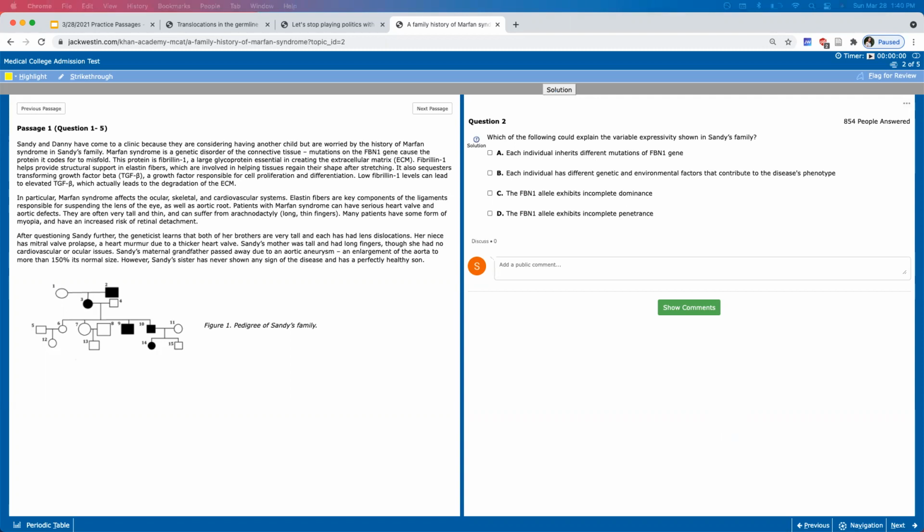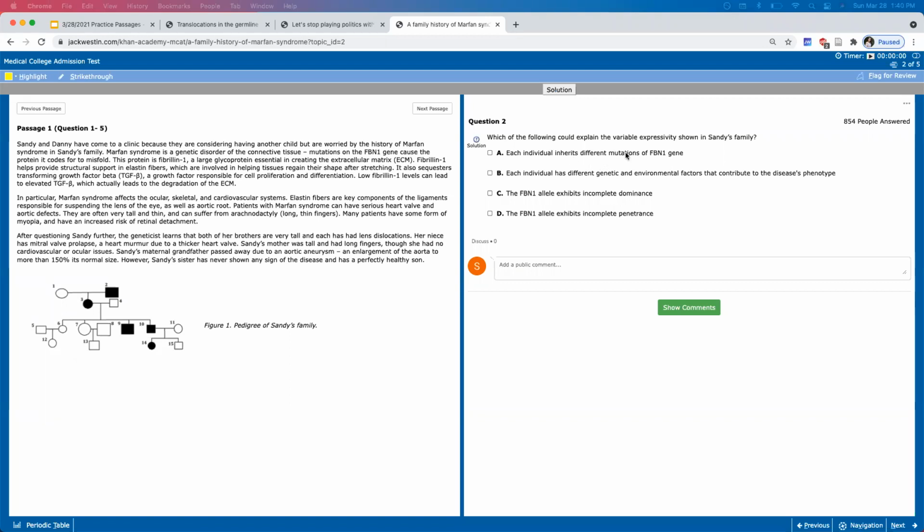It's basically talking about the different levels or wide range of spectrum in which people can express the trait, such as if some people are black, some people are brown, and some people are completely white in skin color, if it turns out to be a genetic trait or condition. Exactly. So it's saying that some people with the same genetic condition can have different signs and different symptoms. So why can that be caused?